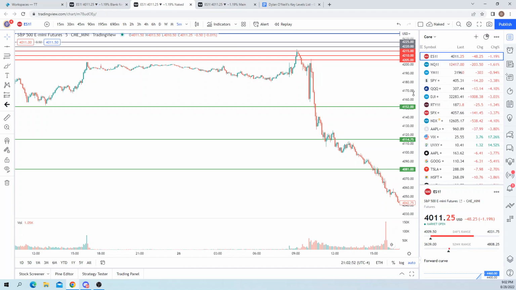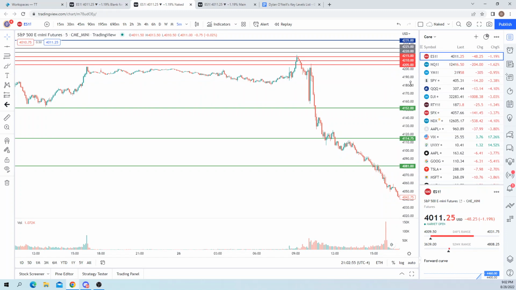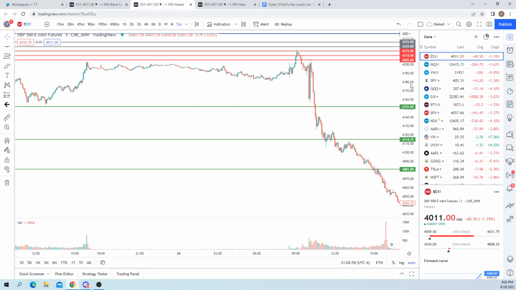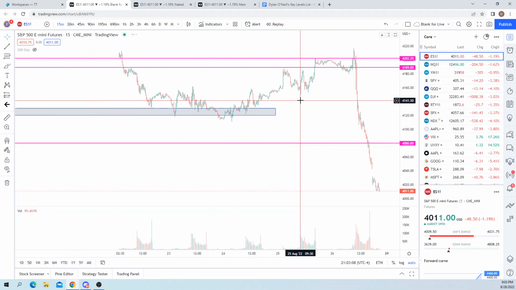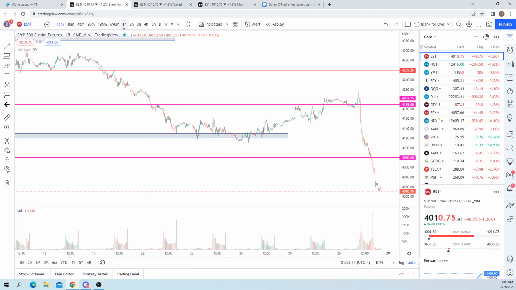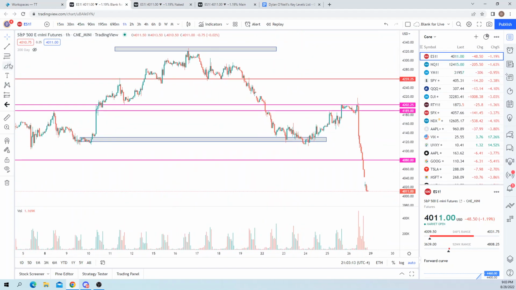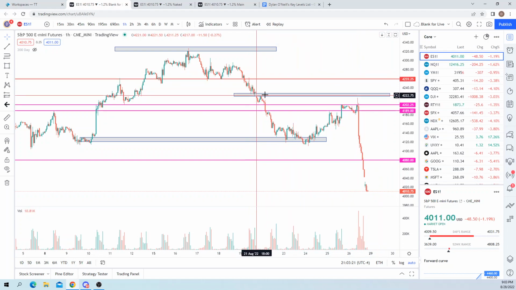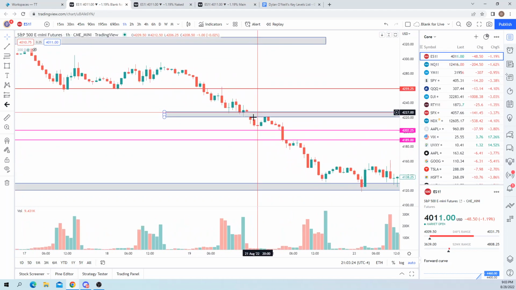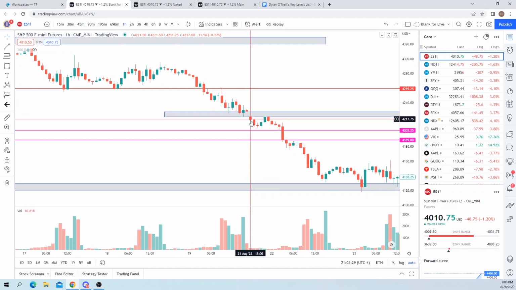I'm all for it. The reason I chose 4235 as a stop loss is because it was right above a gap fill. Let's go to an hour chart. The gap fill was right here. As you can see, this area right here was a gap that occurred over the weekend from August 19th to the 21st.